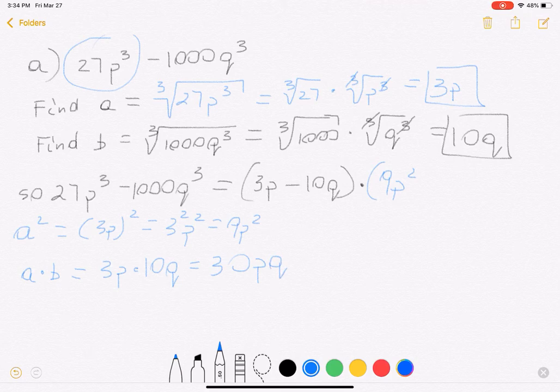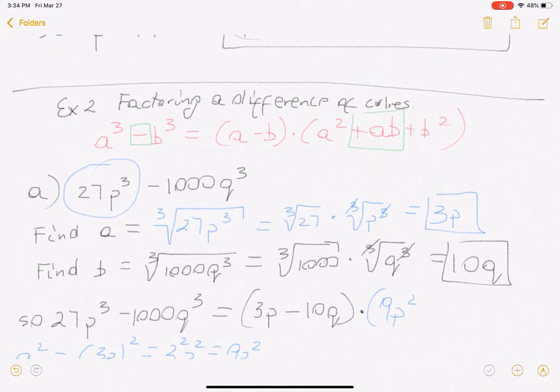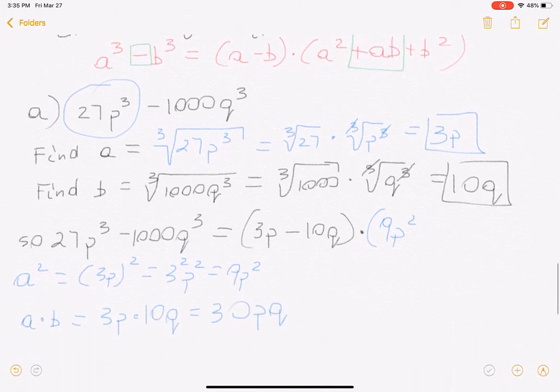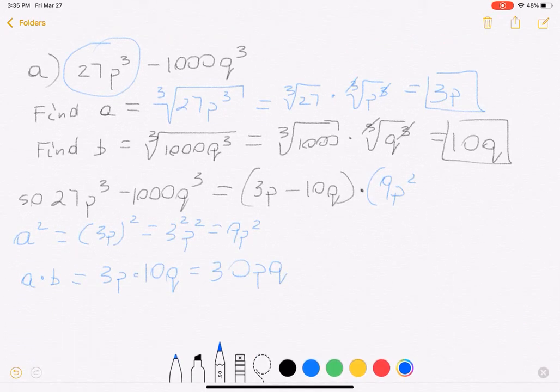So that's ab right here. Again, we're working with this part of the formula, a times b. So that 30pq goes right here, plus 30pq.